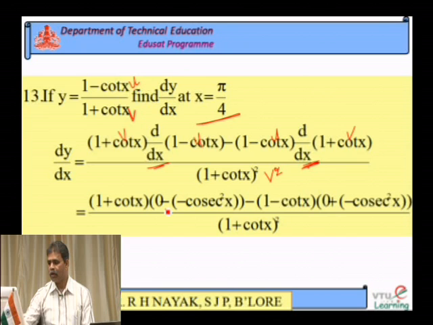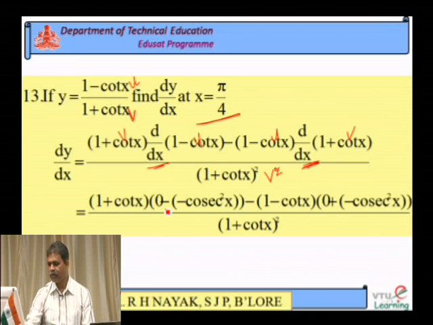Then we have to keep u as it is, 1 minus cot x, then differentiation of v, what is v? 1 plus cot x, again differentiation of 1 is 0 plus differentiation of cot x is minus cosecant square x, divided by v square, 1 plus cot x whole square.